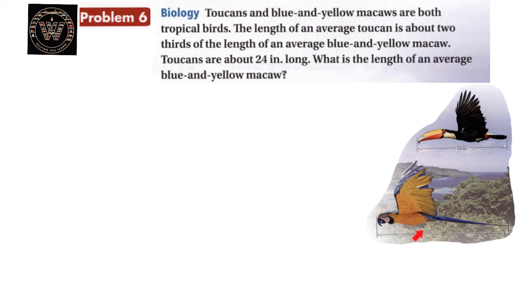So this is the blue and yellow macaw. We are supposed to find the length of this bird. And the length of the toucan is 2/3 of the length of the blue and yellow macaw. It's given in the question that the length of the toucan is 24 inches. So let L be the length of the blue and yellow macaw.